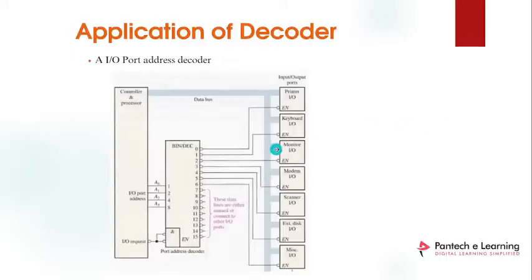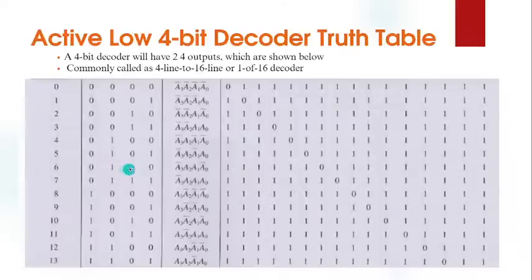And in our computer we access the printer, keyboard, monitor, scanner, which are peripheral devices. These are based on the decoder only. But every device has a separate address. If we give these inputs, we can access this address.